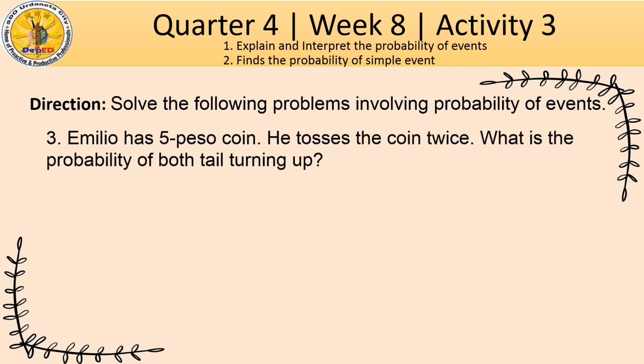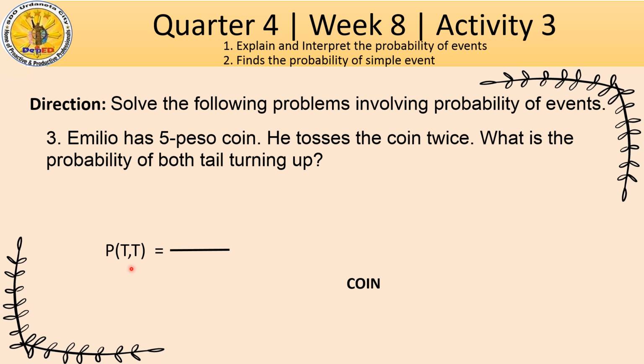Okay, last, number 3. Emilio has a 5 peso coin. He tosses the coin twice. What is the probability of both tails turning up? So, what is the probability that Emilio will get 2 tails in tossing the coin twice? First, let's go back to your counting technique.